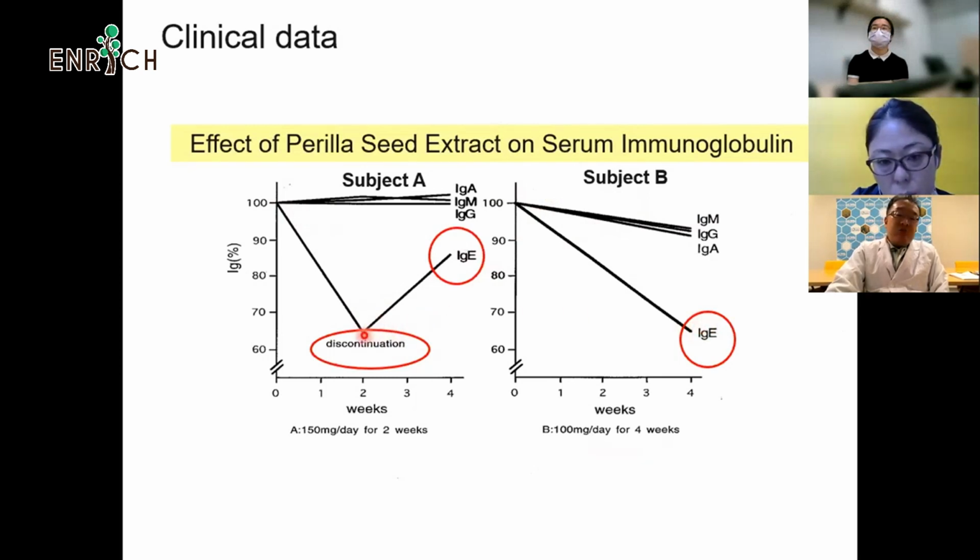However, after stopping ingestion of pear seed extract, serum IgE levels gradually recovered. So from this experiment, pear seed extract has a reductive effect against IgE level by curing type 1 allergy.